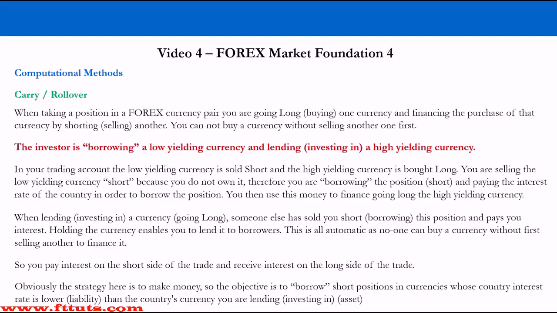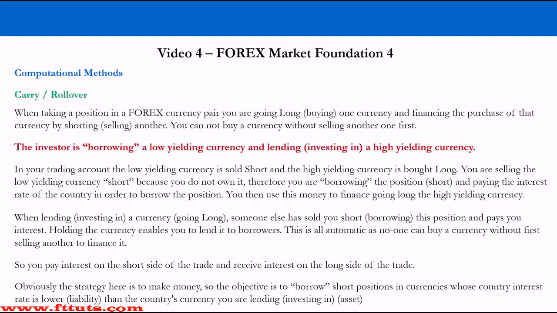So the objective is always going to be to borrow short positions in currencies whose country interest rate is lower than the country's currency you're lending, so investing in, because the country that you're paying to borrow, to you, that is a liability. And the country that is paying you, that to you is an asset.